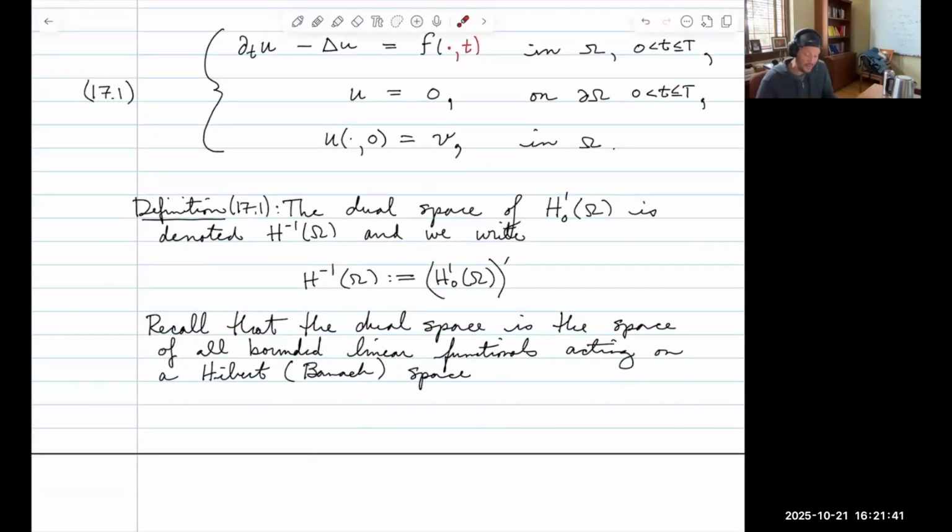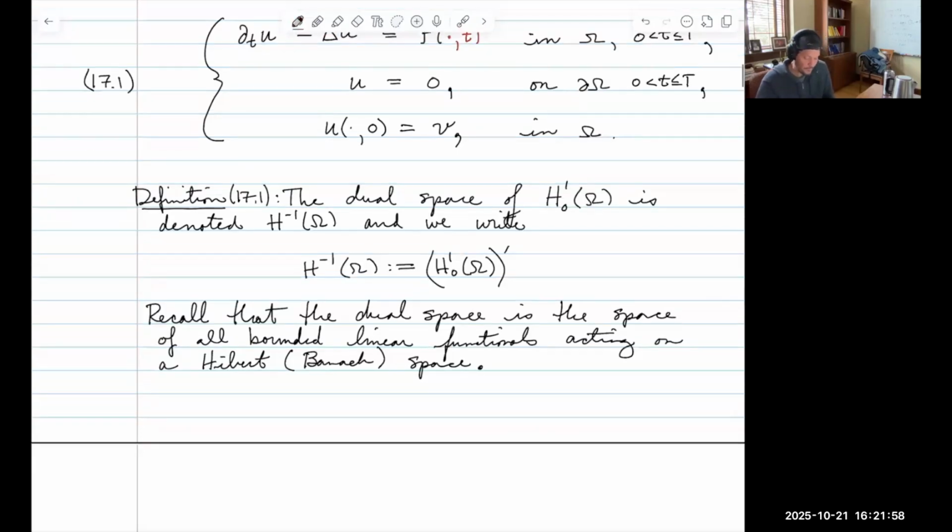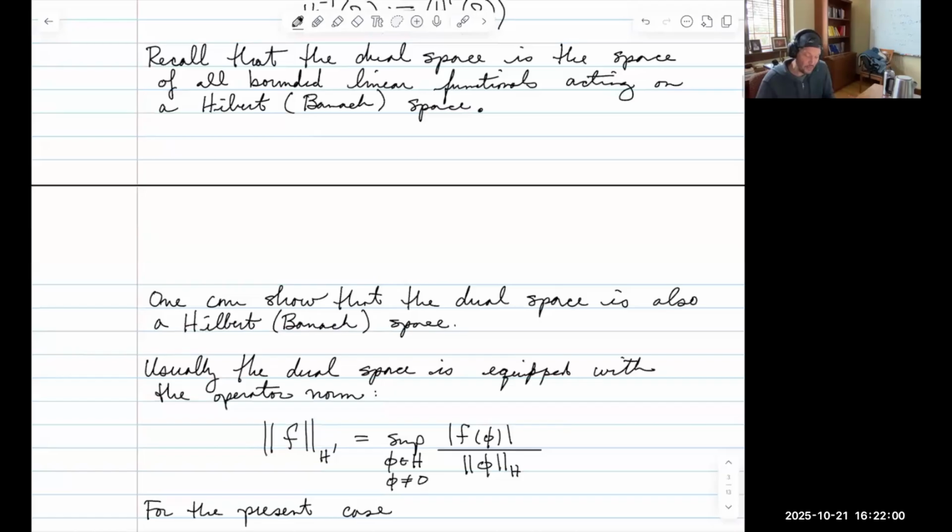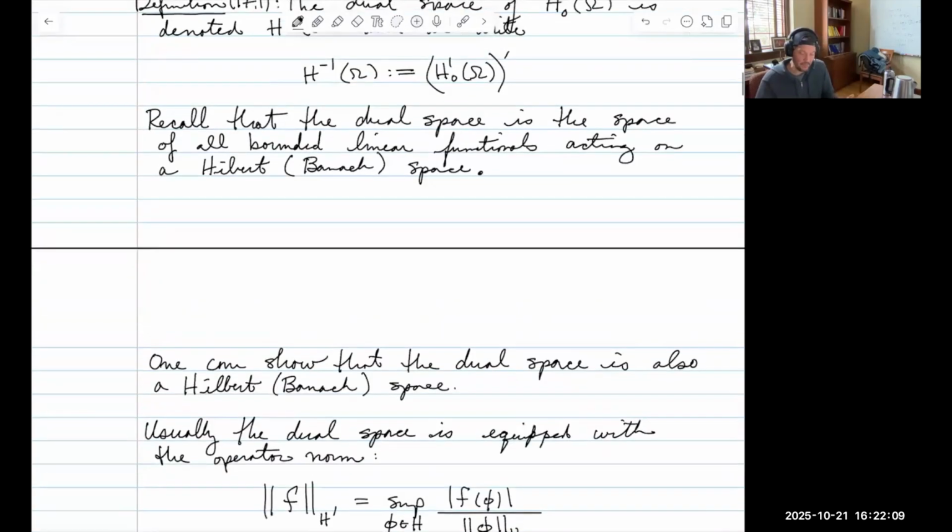I've already said this in words, but here it is in a sentence. The dual space is the space of all bounded linear functionals acting on a Hilbert space or Banach space. It could be a Hilbert space or a Banach space, doesn't matter. One can easily show that the dual space is also a Hilbert or Banach space if the space that you're originally considering the dual of is as well.